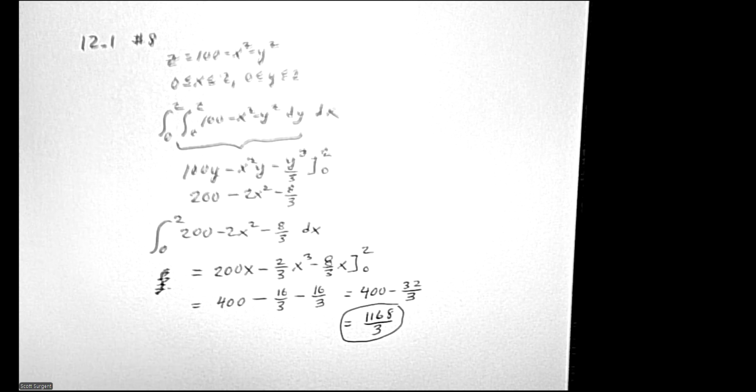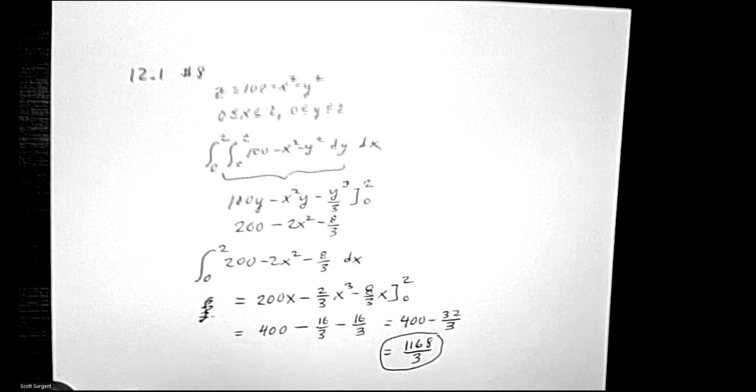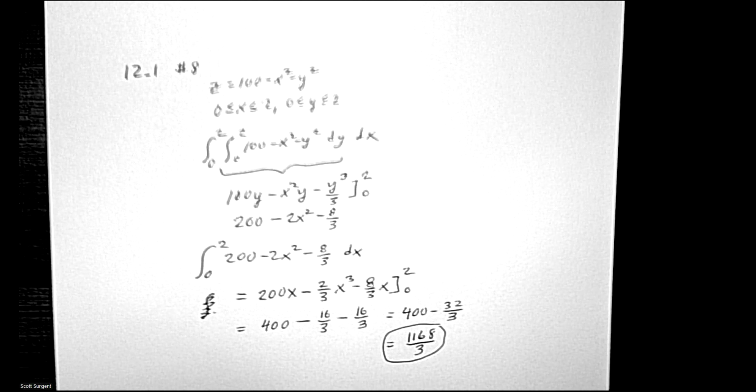There we go. All right. Since I got this one on the screen here, does anybody have any questions on any of the steps? Okay. So I'm going to share my screen.